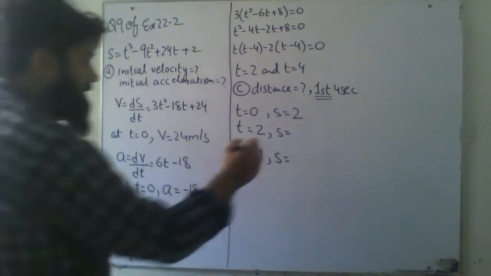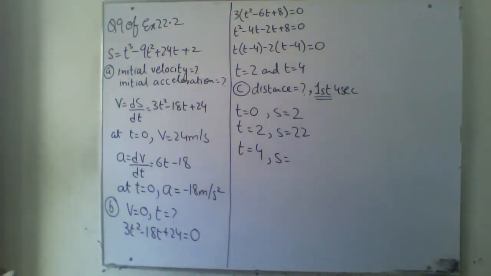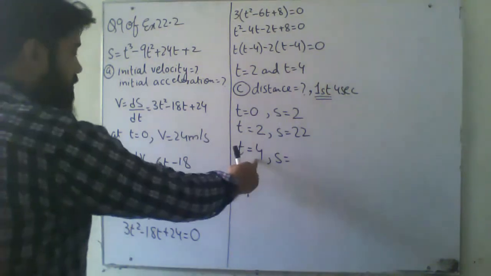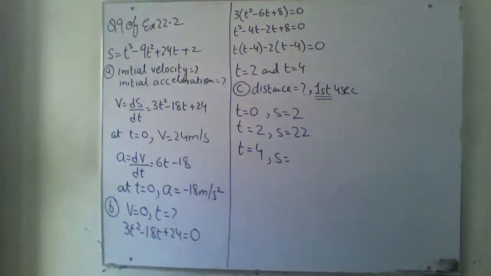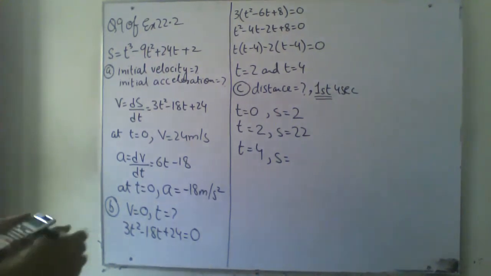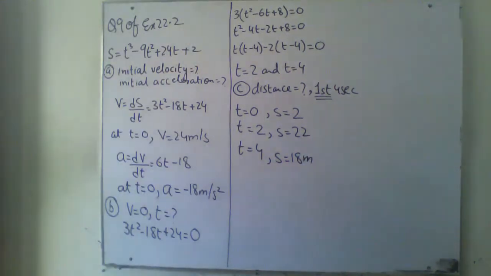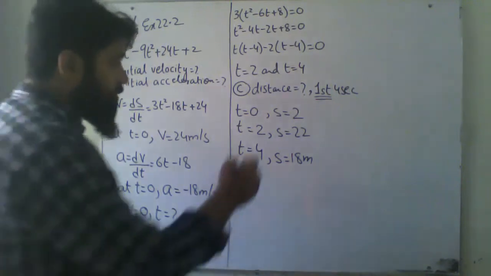And displacement is coming 22 over here. Okay, and after that, t equals to 4, I'm going to put it over here and my result will be 18 meter, right? Okay. So after that, what you are going to do?